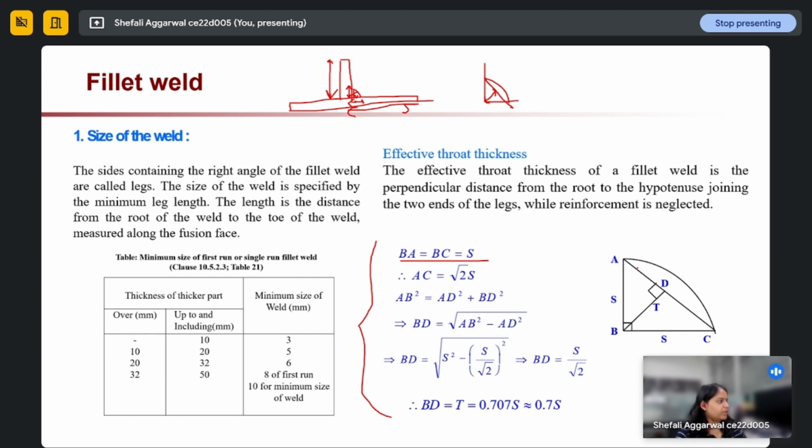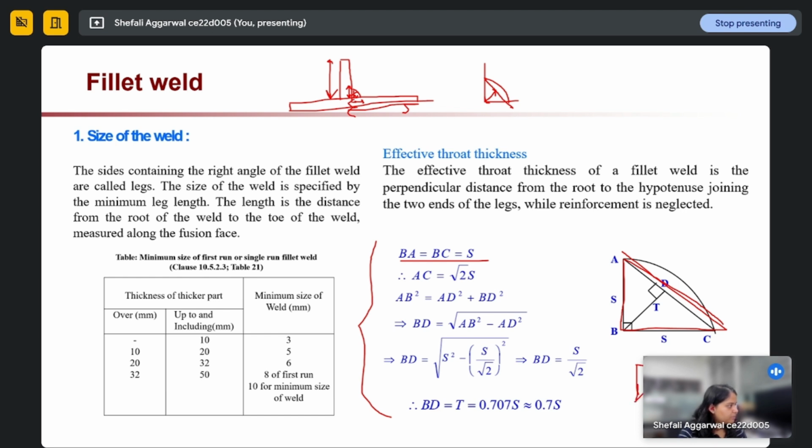And from AC, in one triangle, we can calculate this part BD, right? From this triangle, we are calculating AC. Then we will go to the triangle ADB.